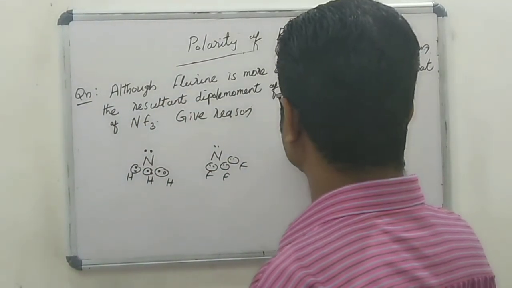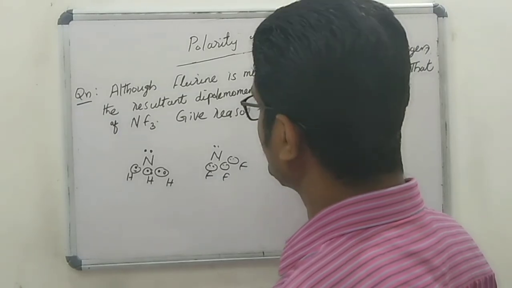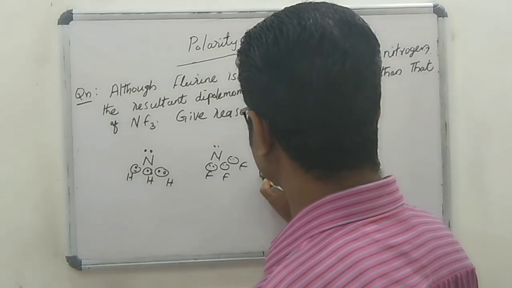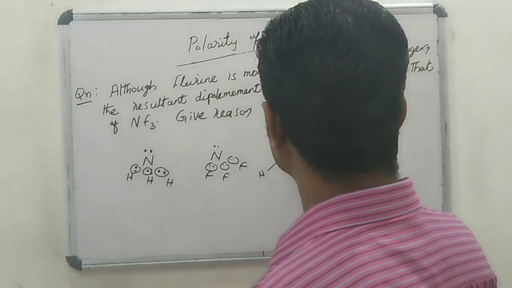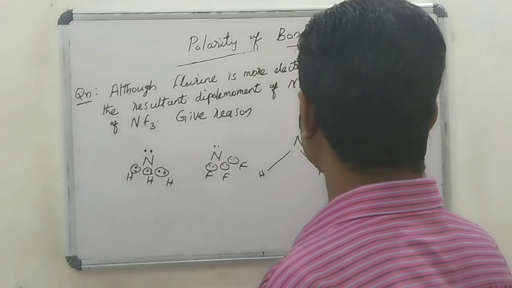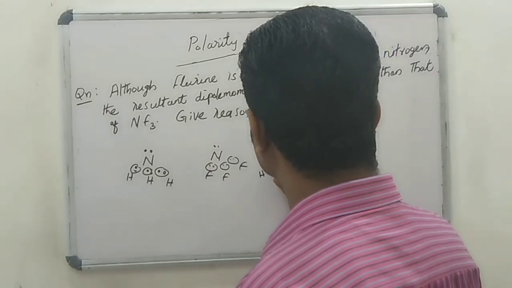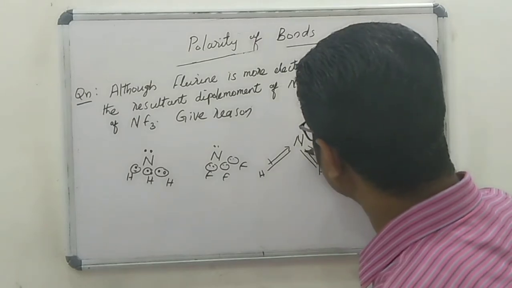Then NH3. In NH3, we know nitrogen is the more electronegative atom, and the individual bond moments point towards nitrogen.